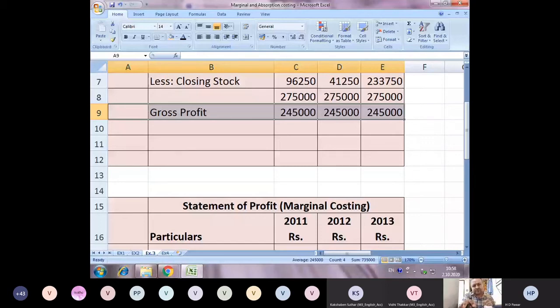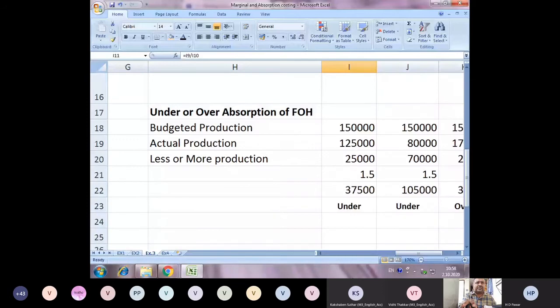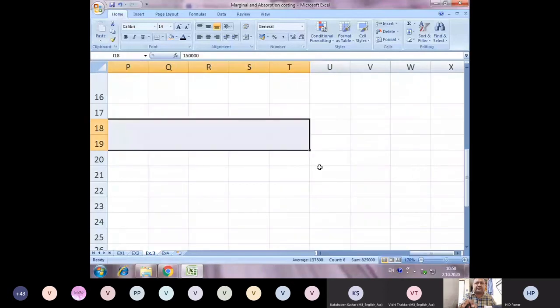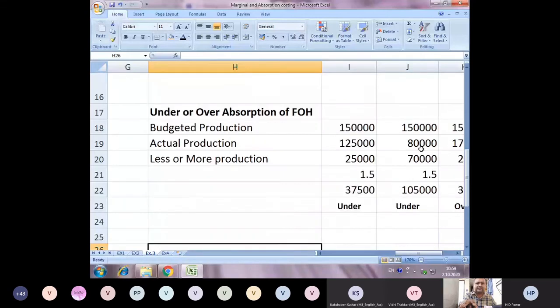So here the fixed overhead recovery rate is 1.5. This is our budgeted production, 150, 150, 150, and actual production is already given in the example, 125, 80,000 and 170.